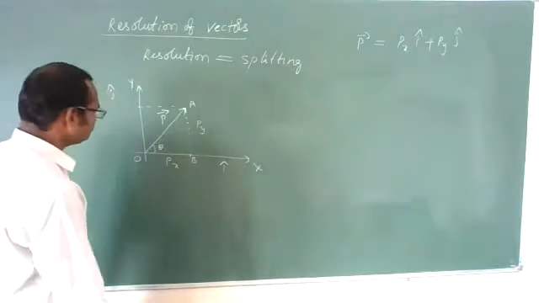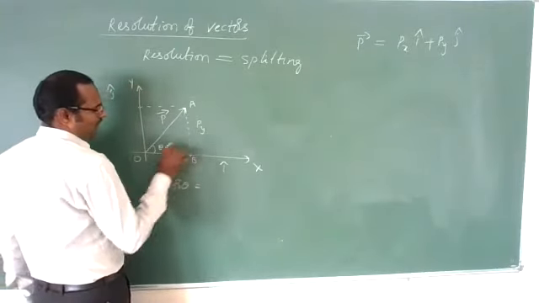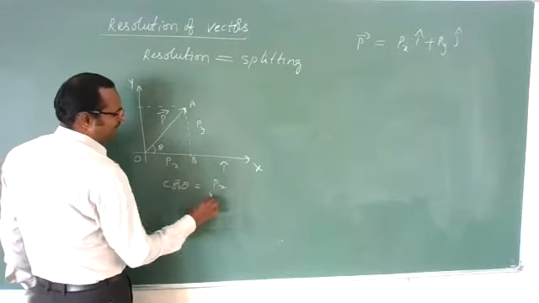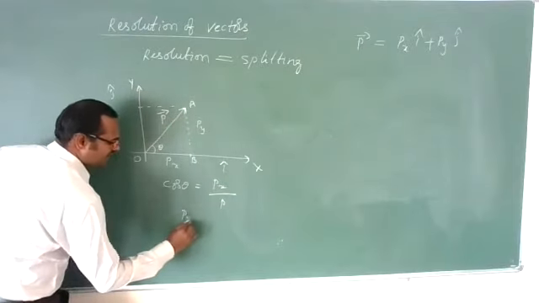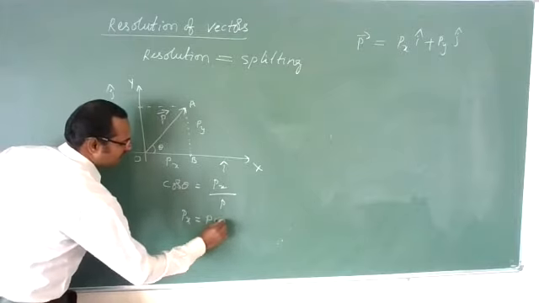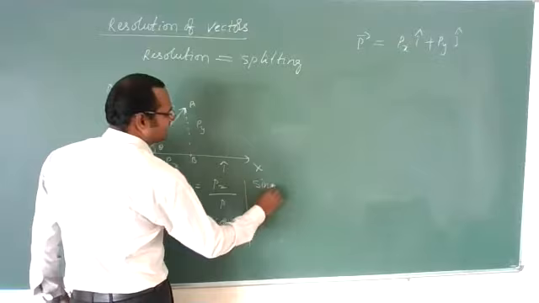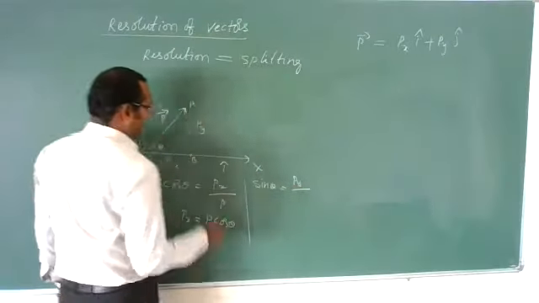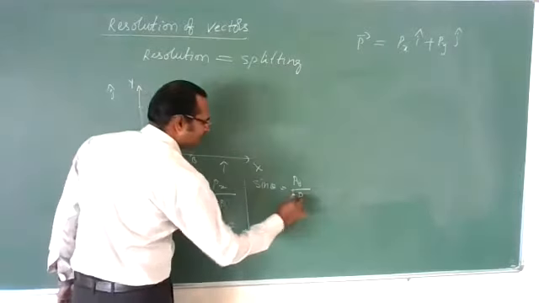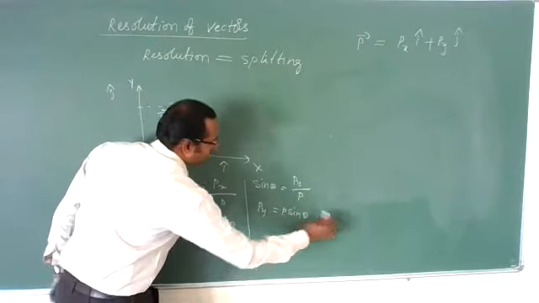Good. Then take cos theta. Cos theta is equal to adjacent side Px upon hypotenuse P, so Px can be written as P cos theta. Similarly, take sin theta. Sin theta is, for this theta, opposite side Py upon hypotenuse P, so Py can be written as P sin theta.